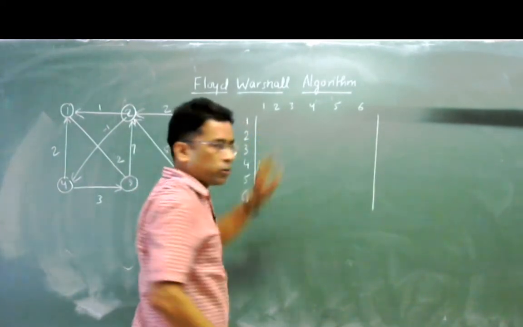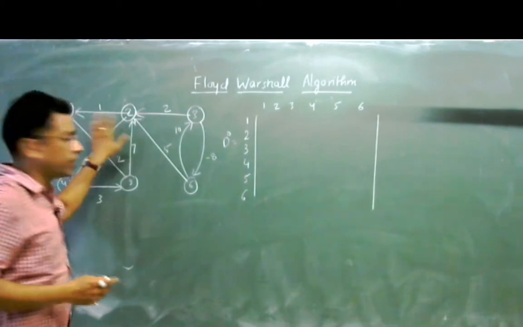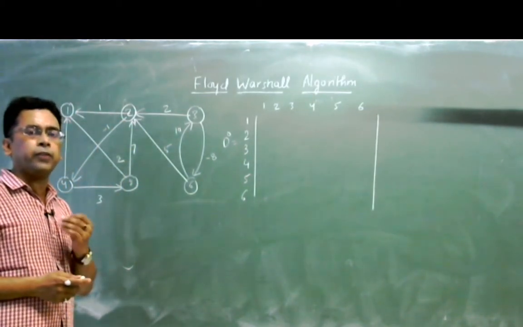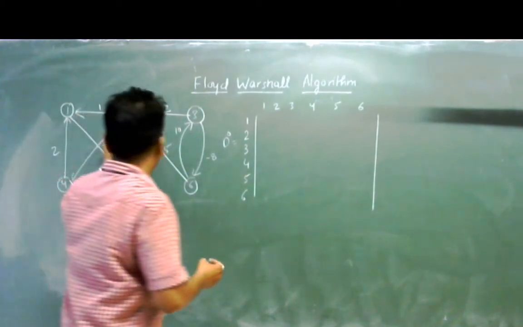Here we shall mark only the vertices which are directly connected, and the vertices which are not directly connected will have the value of infinity. So first I shall fill this.